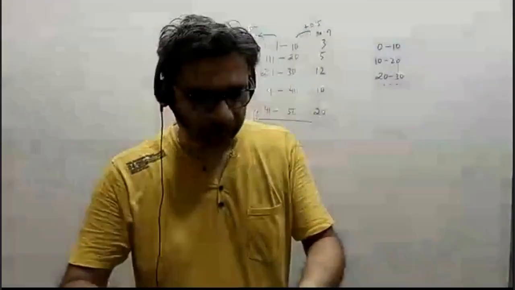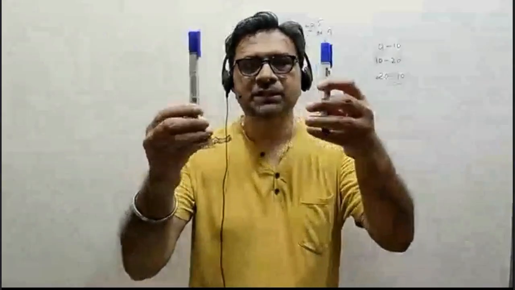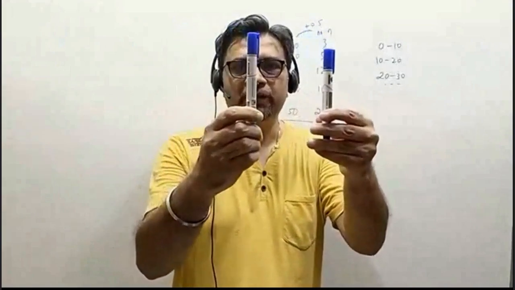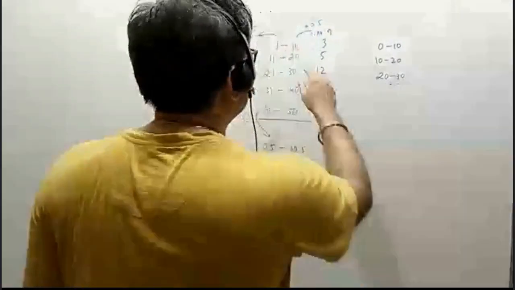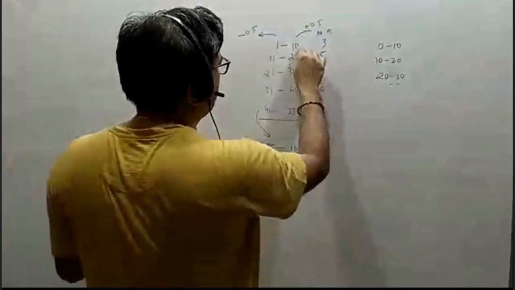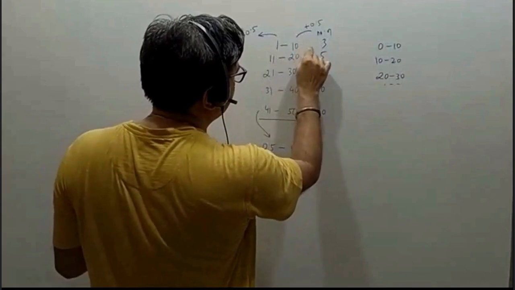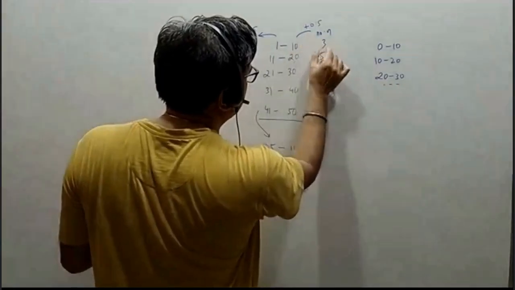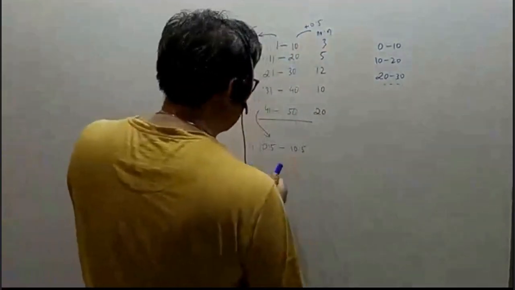That's the overall idea. I will repeat, my marker fell down in between, so I will explain this to you one more time. These are two guys who are 1 meter apart. This guy comes 0.5 and this guy also comes 0.5 and they are together. There was a gap of 1 between this and this. So this guy has moved 0.5 meters to the right and this guy has moved 0.5 meters towards the left.